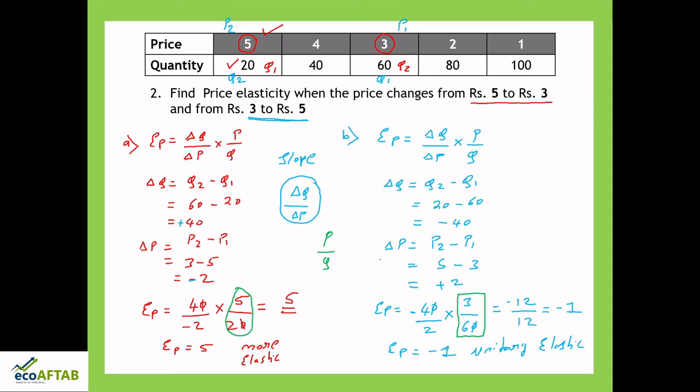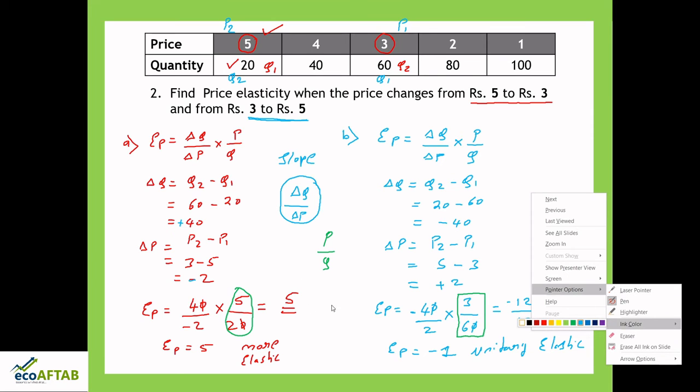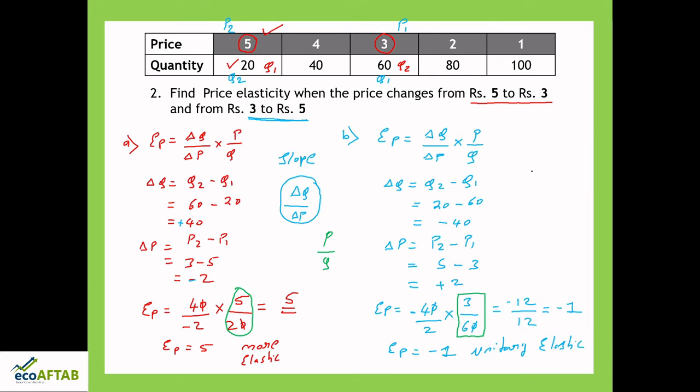So, this is what I wanted to tell you all, that on the same demand curve, the movement on the demand curve, if this is quantity and if this is price, if you are moving from this point to this point, the elasticity of demand will not be the same if we move in the opposite direction. Because why?